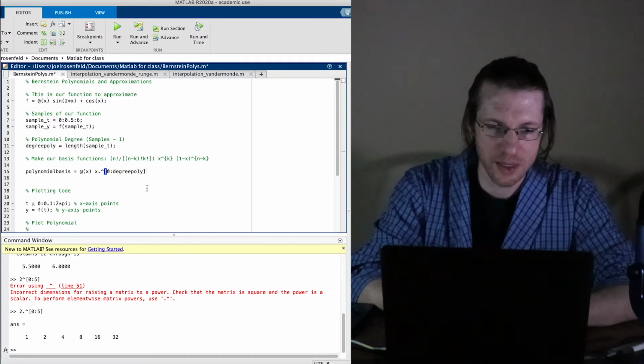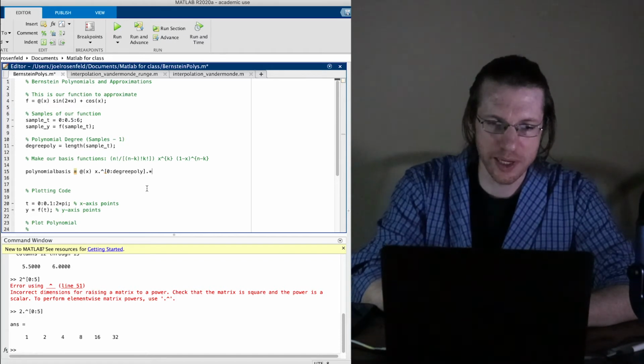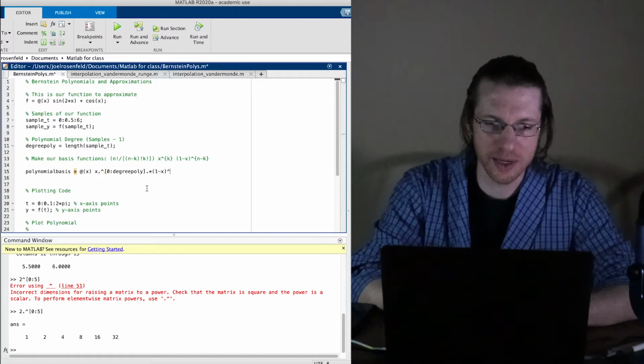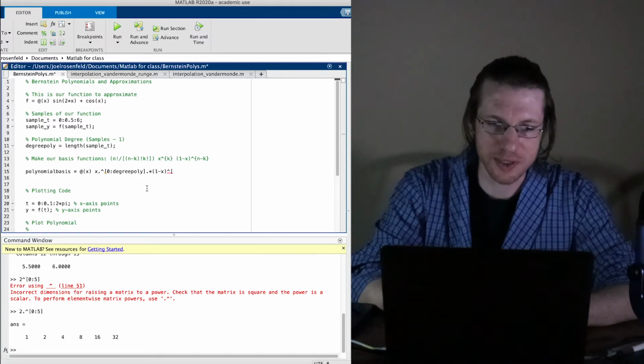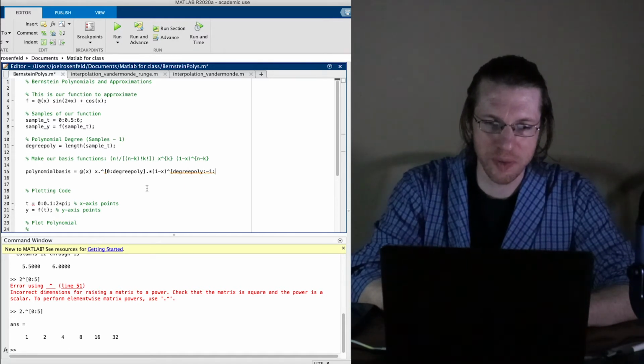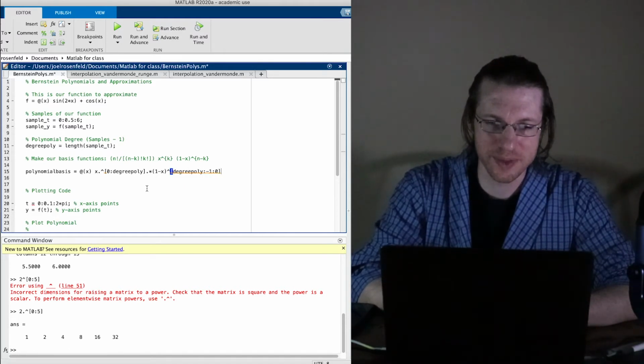And this needs to be multiplied term by term with 1 minus x to basically the opposite. So I'm going to go from degree poly and increment by -1 until you get to 0. So we're going to do that.